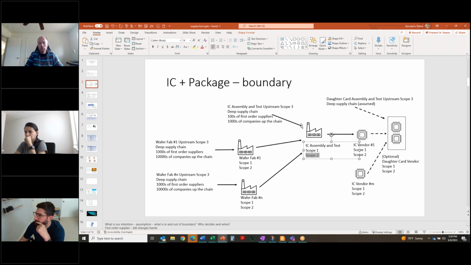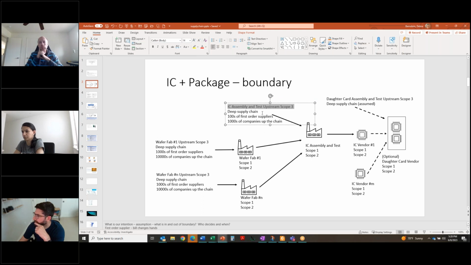Upstream from the assembly and test, there would be some number of wafer fabs for each part. That would be in the assembly and test scope 3. And then also, other than the wafer, the rest of the ATM upstream scope 3.